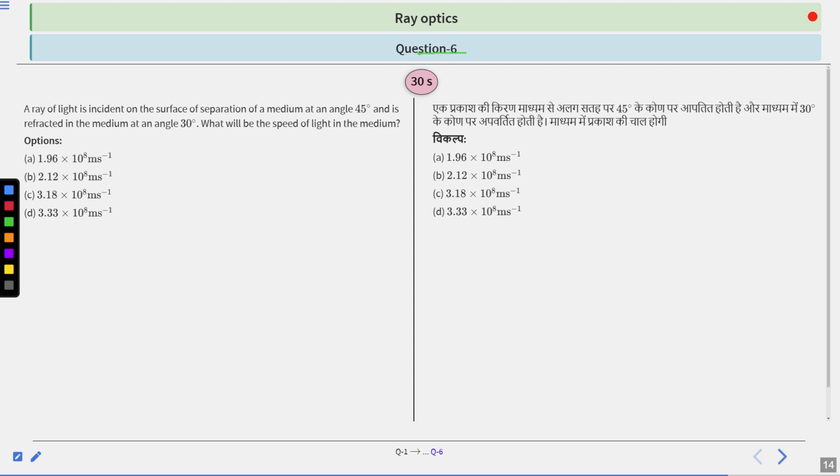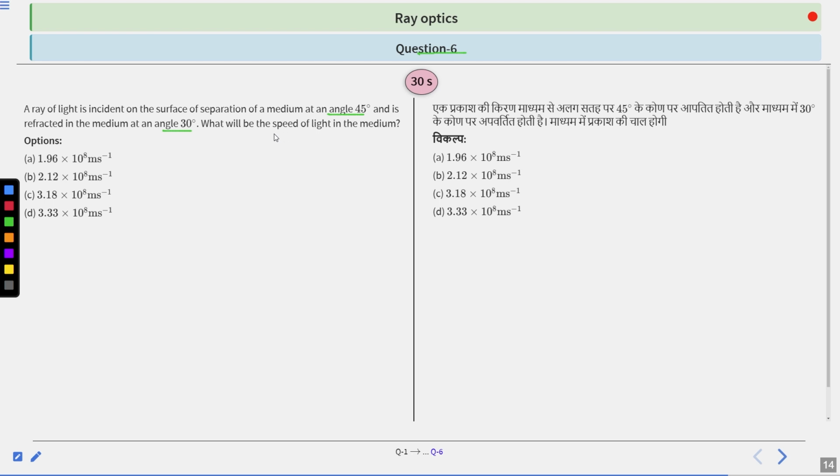Question 6. A ray of light is incident on the surface of separation of a medium at an angle 45 degree and is refracted in the medium at an angle 30 degree. What will be the speed of light in the medium?